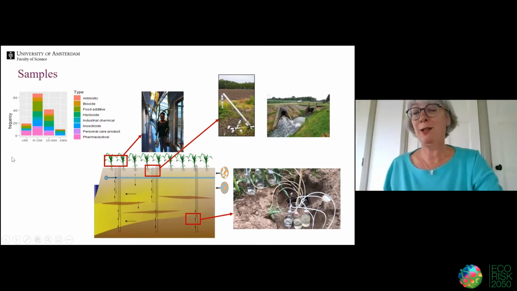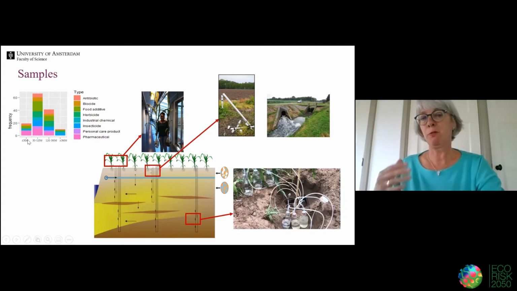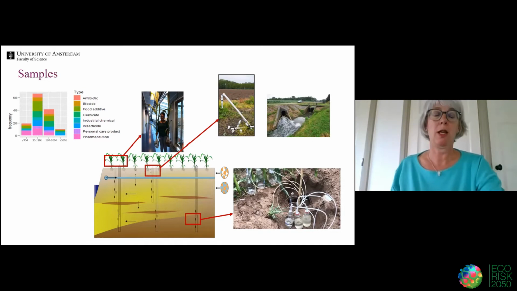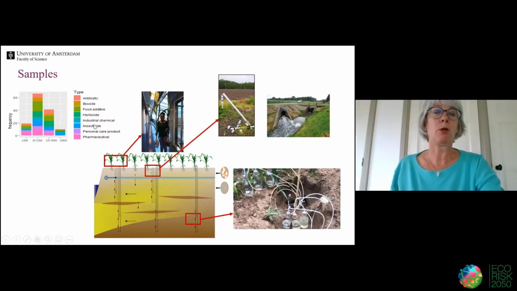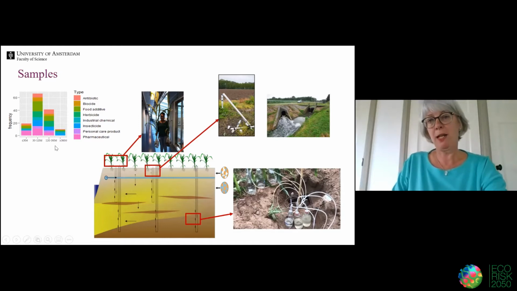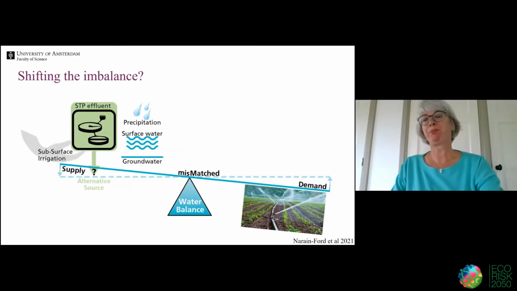I cannot show data yet because the analysis is still in progress, but we will also analyze them in these kinds of PMOC classes. So we will discern the more persistent and mobile chemicals from the less persistent and less mobile chemicals, and you see a whole lot of chemicals are being analyzed. But again, the results are yet to come.